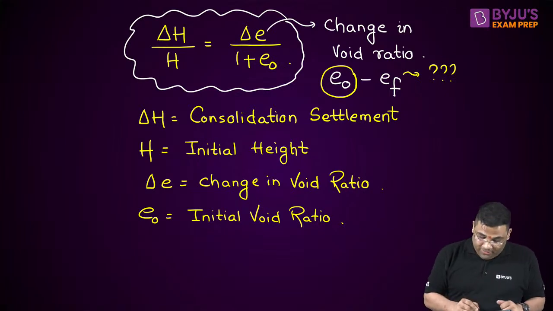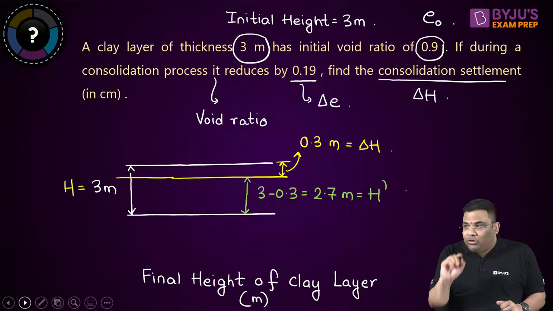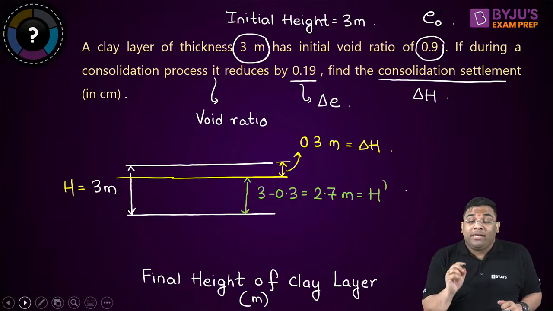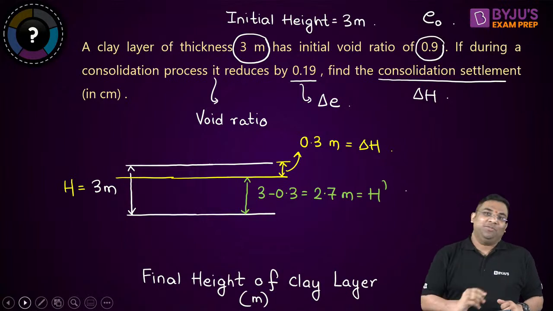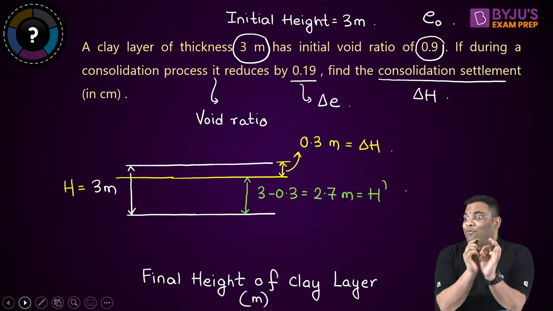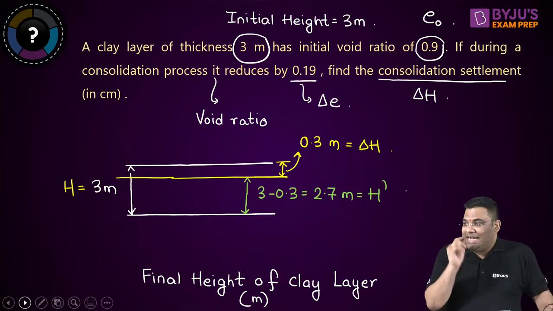No. From the calculations also you can see that we were able to find out the consolidation settlement because we knew the change in void ratio. If we don't know it, we can't use this equation, and therefore there is a need for the compressibility parameters, that we'll see and end the class today.